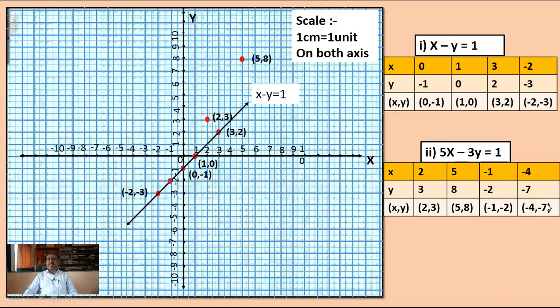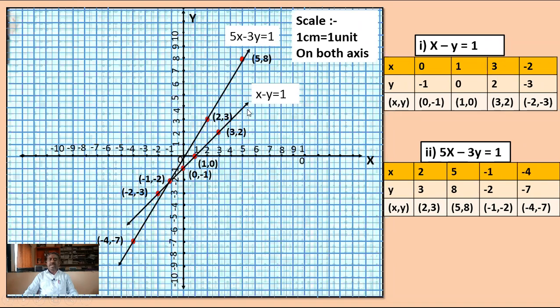And the last coordinate point is minus 4, minus 7: x coordinate is minus 4 and y coordinate is minus 7. To draw a line passing through all points for the equation 5x minus 3y is equal to 1, we get a straight line. This line is the graph of 5x minus 3y is equal to 1.